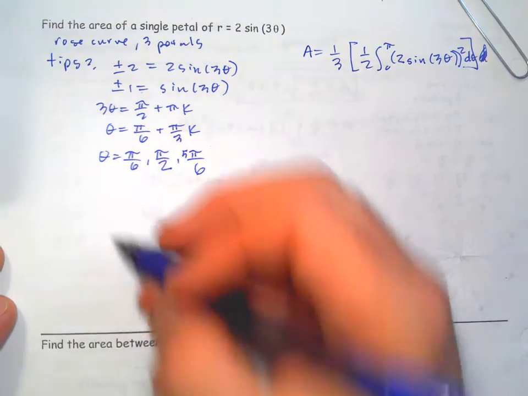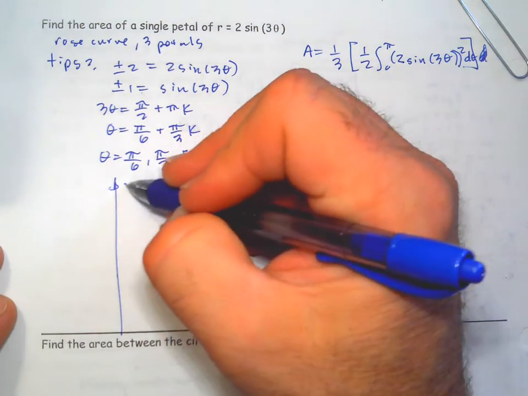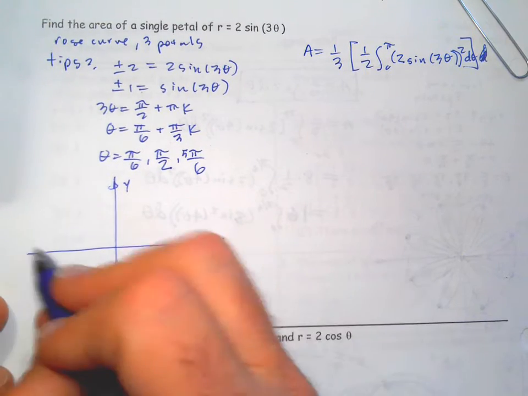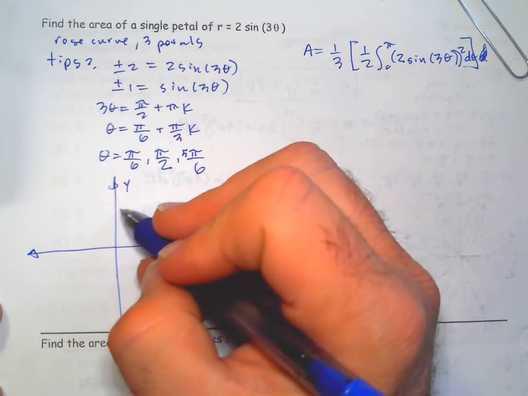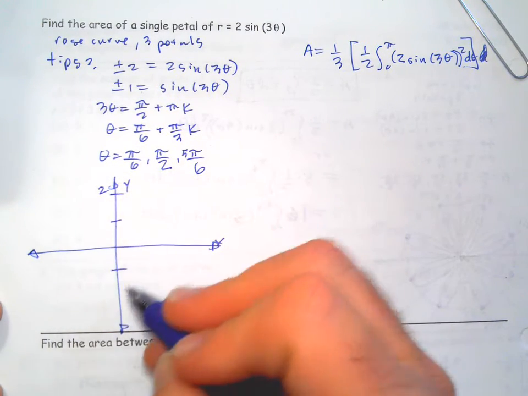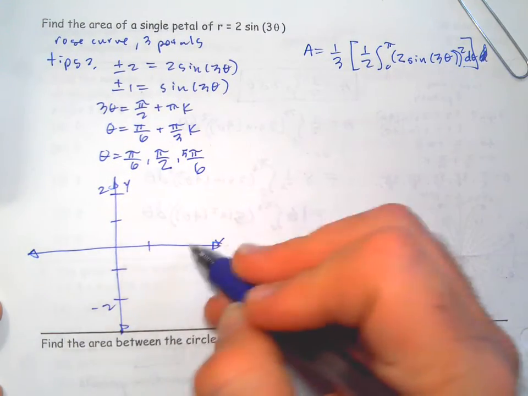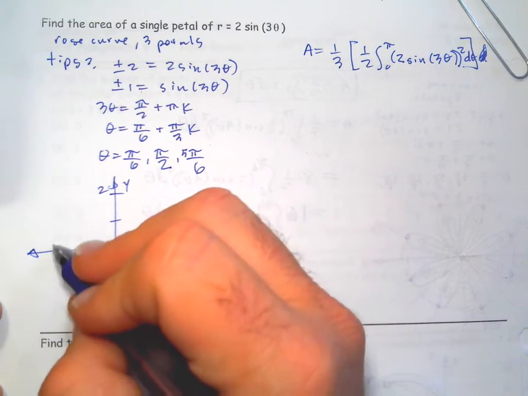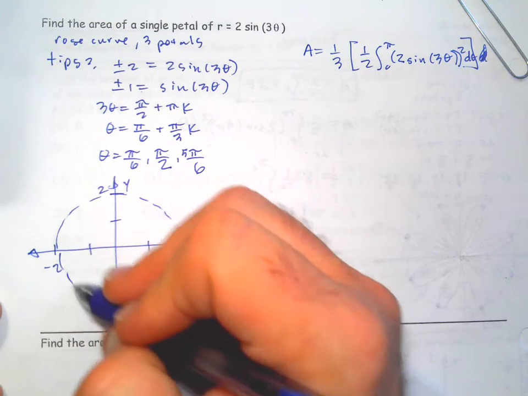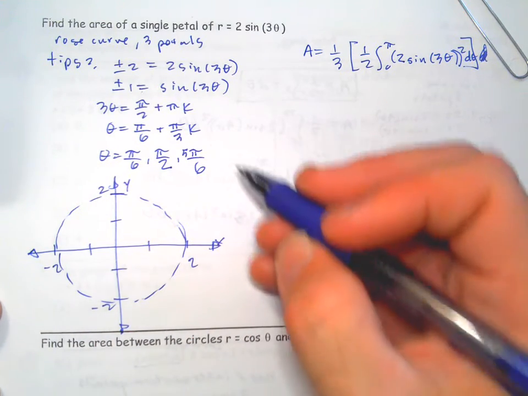The graph. Do a quick sketch of the graph. It has a radius of 2. So we'd sketch a circle lightly dashed, and then pi over 6.